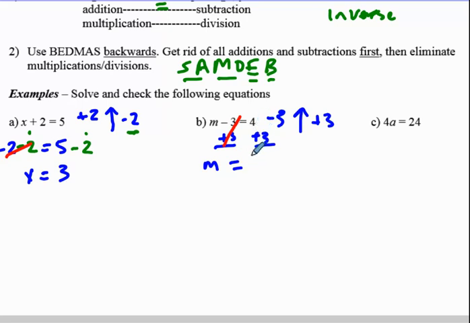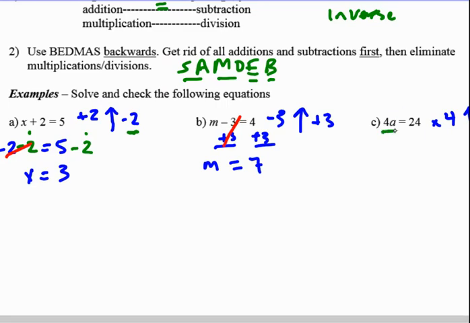4 plus 3 is 7. Okay, so that works too. We eliminated one side and then we had the equivalent side, so m would be 7. All right, here we finally see a different one. What is the main operation happening here? Well, it's multiplying by 4. So we are going to divide by 4.